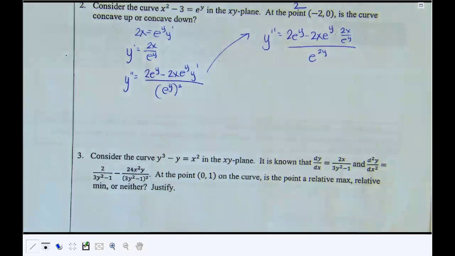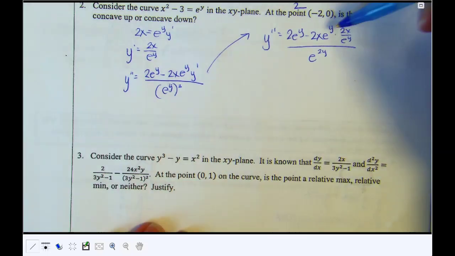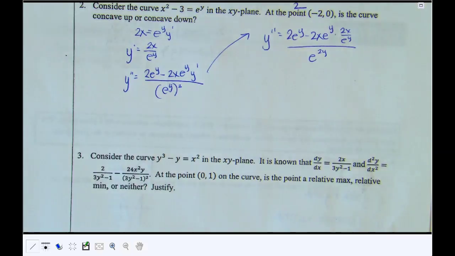But listen, here's the good news. All you want to know is whether this is positive or negative, so you don't have to simplify anything because you're just plugging your numbers in. You don't have to get a really nice looking second derivative.